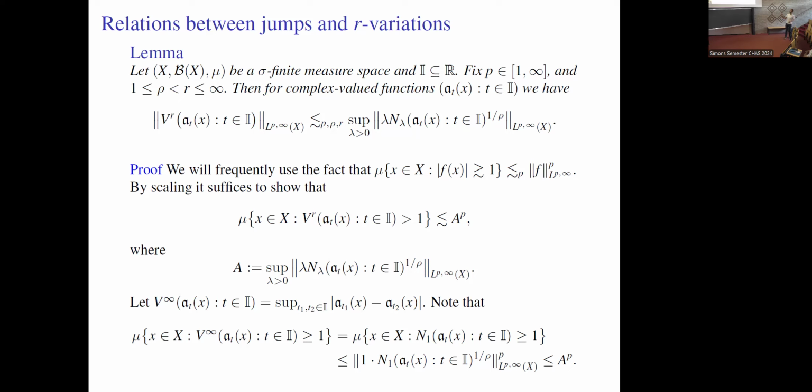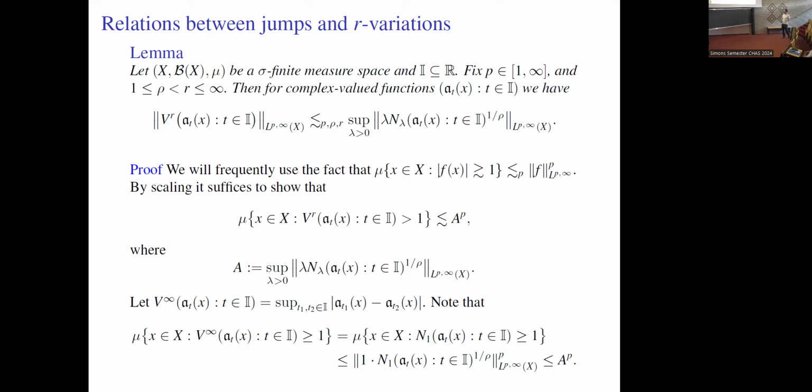So instead of a supremum over t to the power p times the measure of the level set where the function is greater than t, it suffices to consider one. This is the homogeneity argument. And A is just the right-hand side there. Here we have formally the fifth power of the left-hand side.